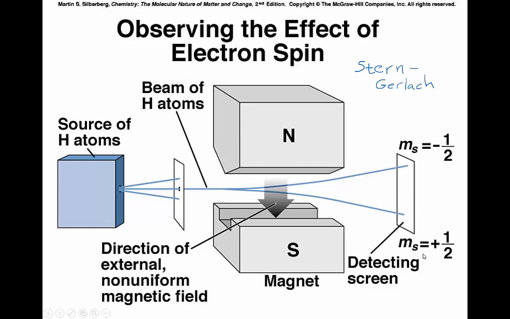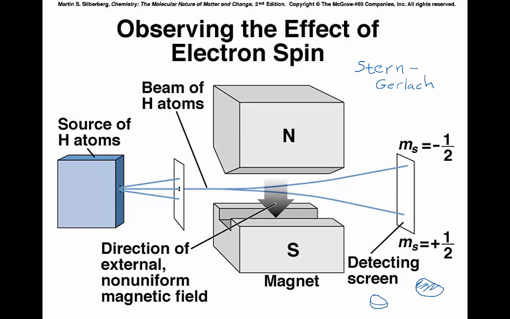One way that one could explain this phenomenon is to imagine that the electron was like a little tiny ball of electric charge. We think of, in the quantum mechanical world, electrons as being a tiny point particle. But let's imagine that it's a little sphere.